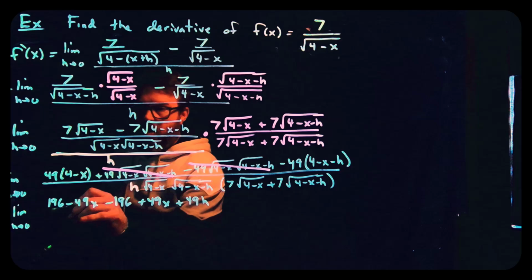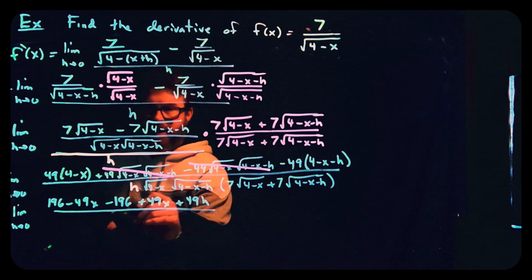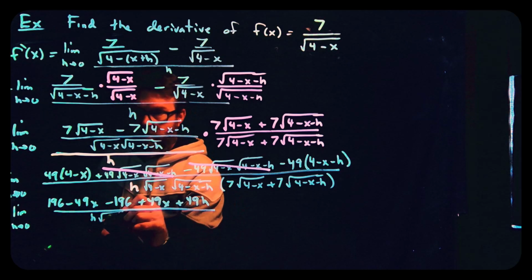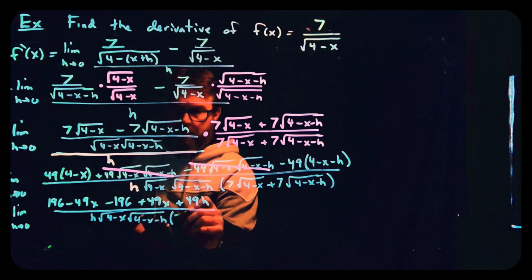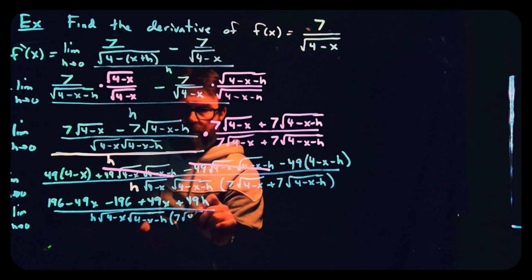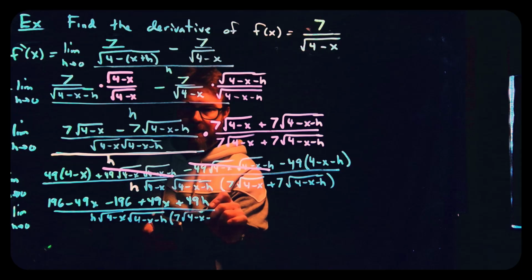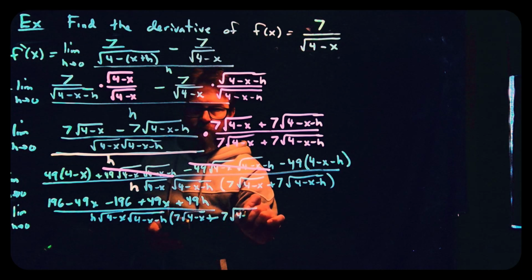And then this is all going to be over that monstrosity of a denominator, h times the square root of 4 minus x, square root of 4 minus x minus h, and then times the binomial 7 root 4 minus x plus 7 times the square root of 4 minus x minus h. Okay. Woo. All right.